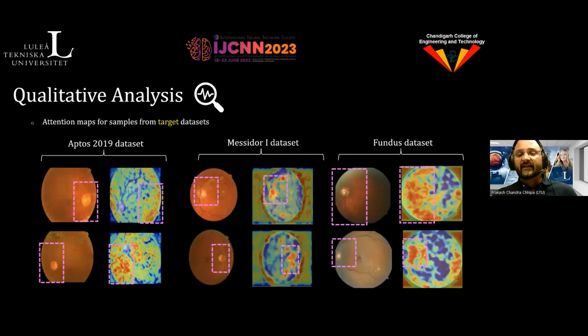Finally, on the Fundus dataset also, once the self-supervised representation learning is done on the IEEE dataset, during the knowledge transfer the network is able to identify the region of interest and put attention there. That could be the potential reason self-supervised representations are able to outperform the other works, which are based on either supervised transfer learning or transfer learning from natural scenes.